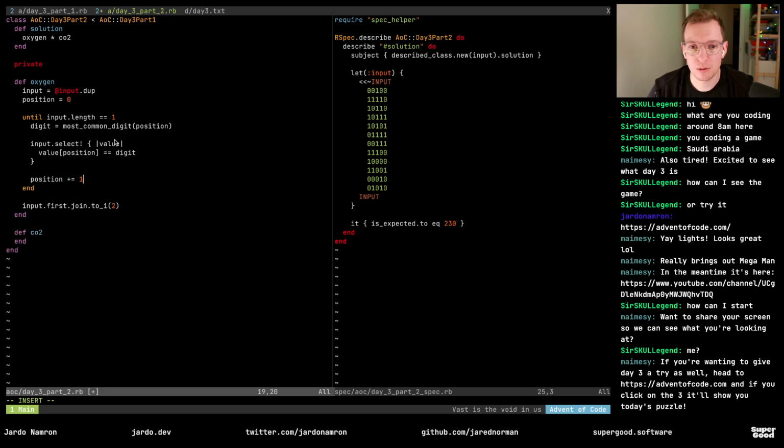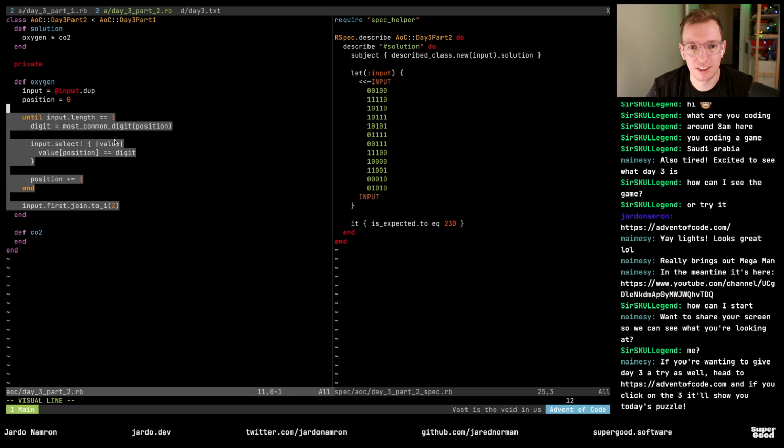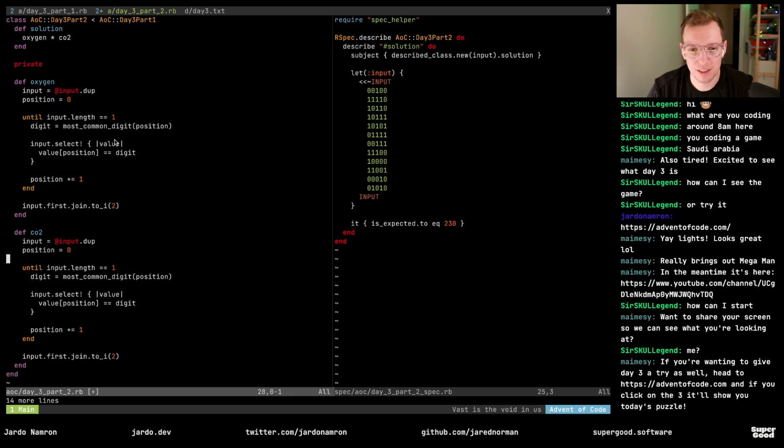Position plus one. And I don't know, that seems like it would be the right thing. Sure. And then CO2 is the same thing, but for least common digit.